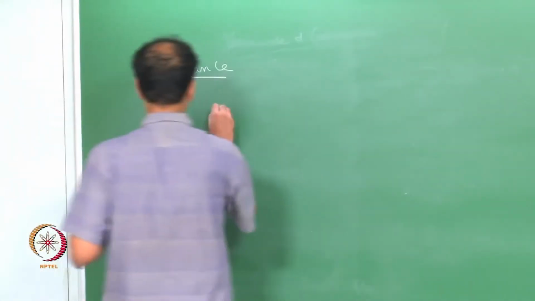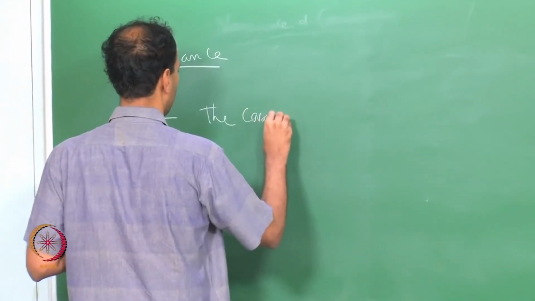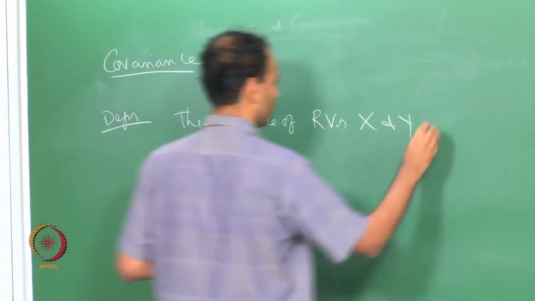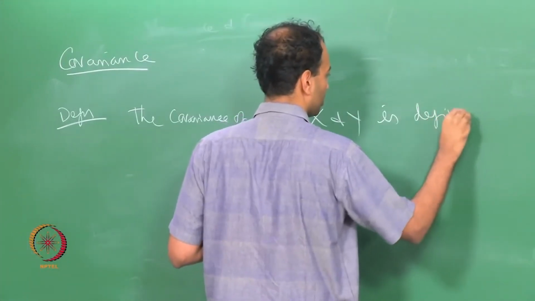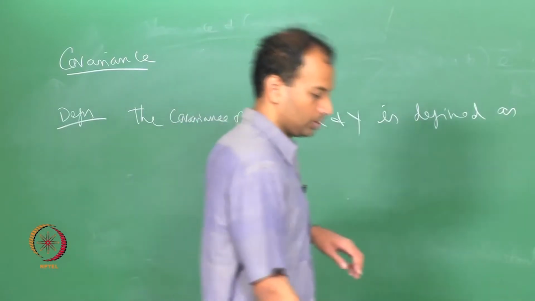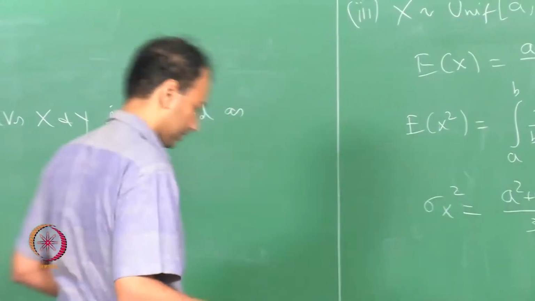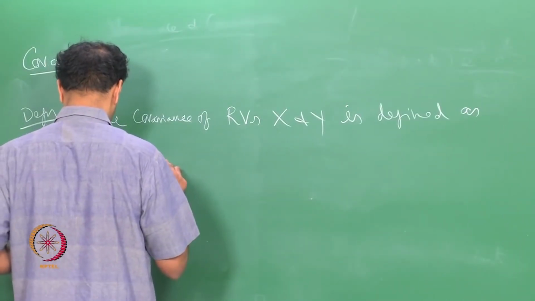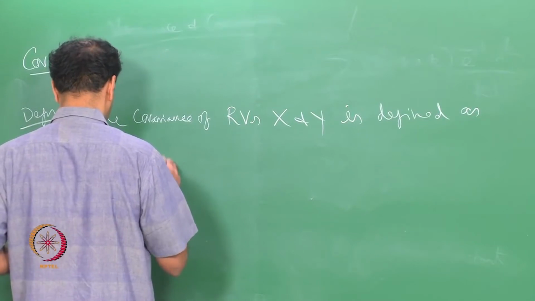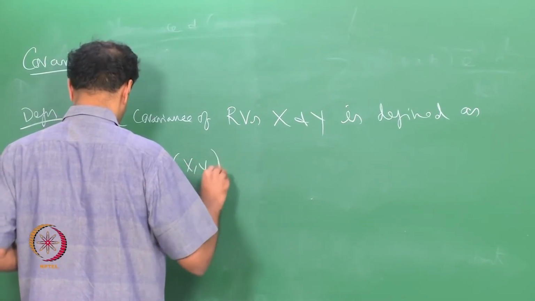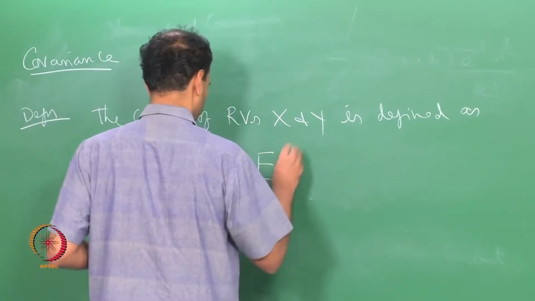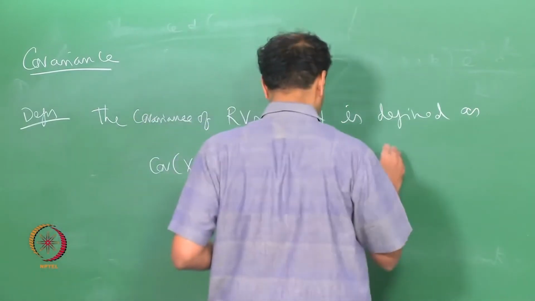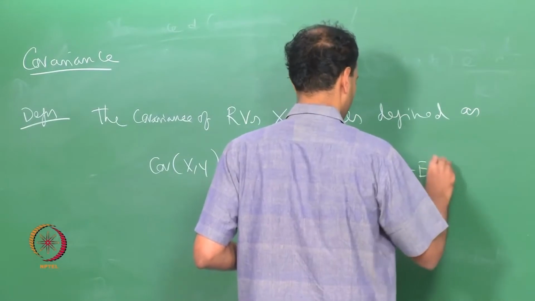So, the definition: the covariance of random variables x and y is defined as the expectation of (x minus expectation of x) times (y minus expectation of y).